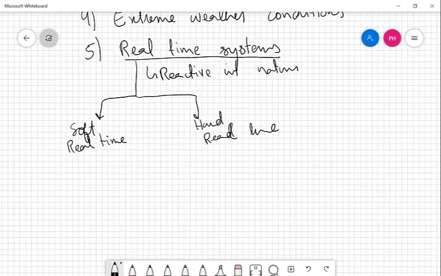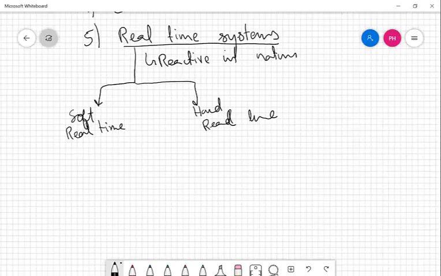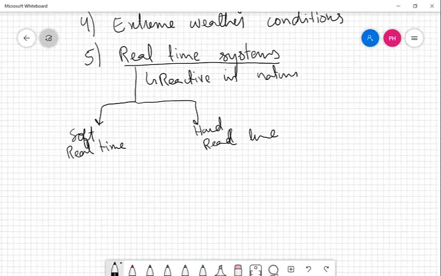If there is a lag, even of milliseconds or microseconds, it may miss the target, and there may be catastrophic effects. So this missile launcher is a hard real-time system, where if we don't meet the deadlines, we may have catastrophic effects. So another thing is they have to be real-time systems.